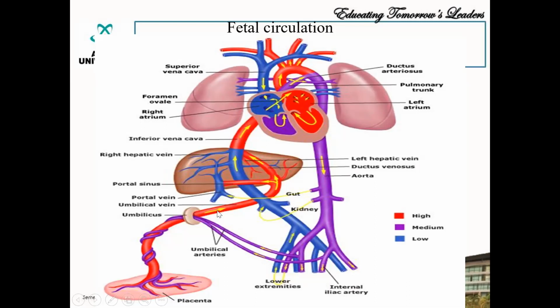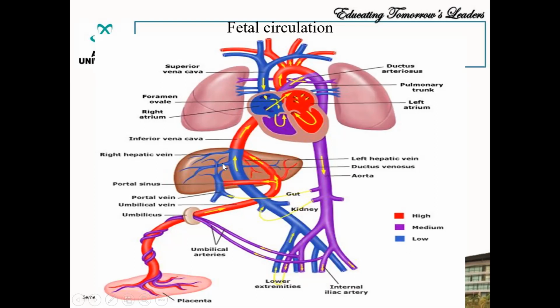will be coming out of the placenta and going into the baby. Then from the umbilical vein, initially, before joining the inferior vena cava, if you see, this blue one is your inferior vena cava. This umbilical vein will be joining with the inferior vena cava.